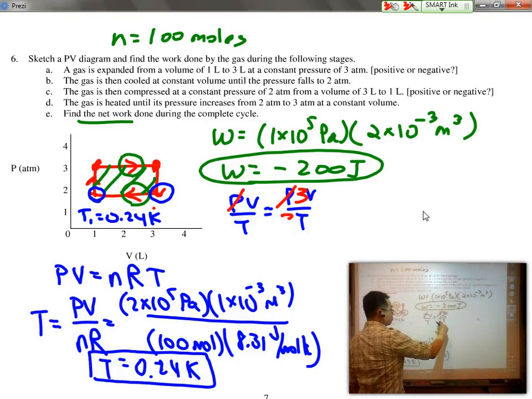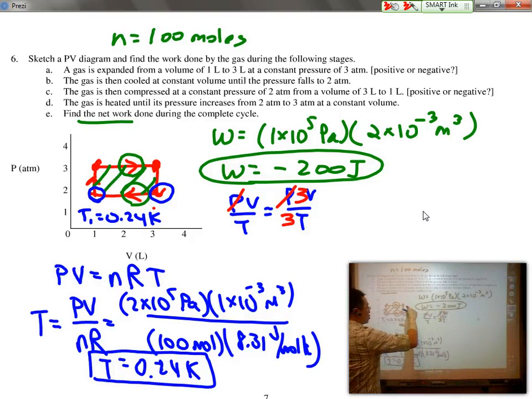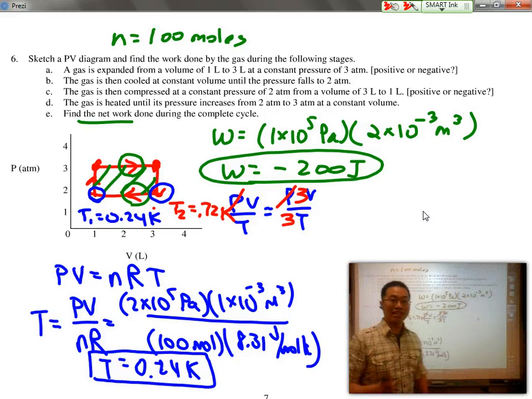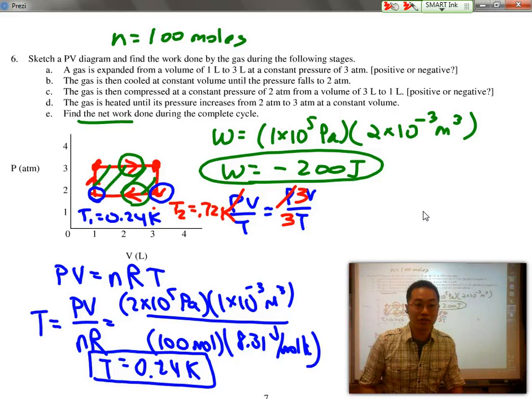That means the temperature must have tripled as well. So the temperature at the second location would be 3 times 0.24, which is 0.72 Kelvin. Okay, so that's a nice, easy ratio for us to figure out.